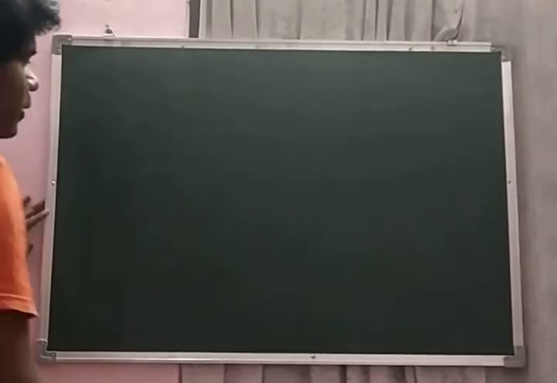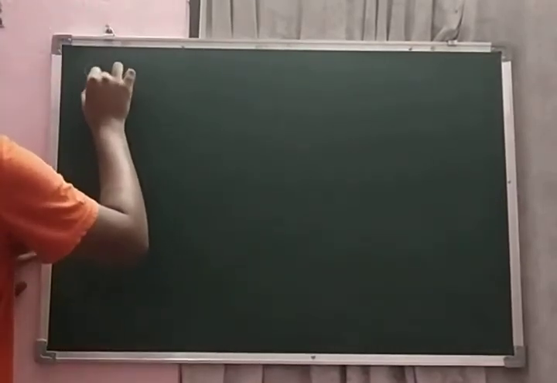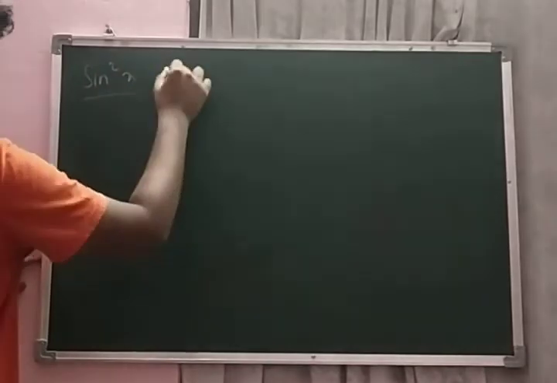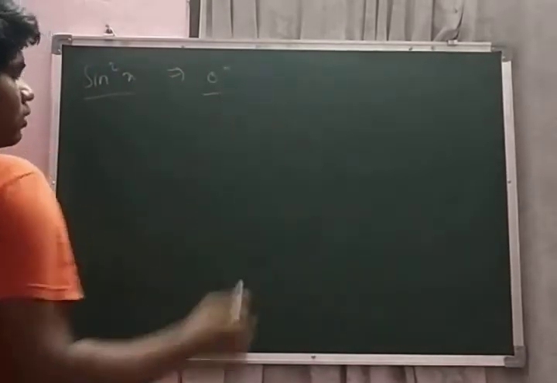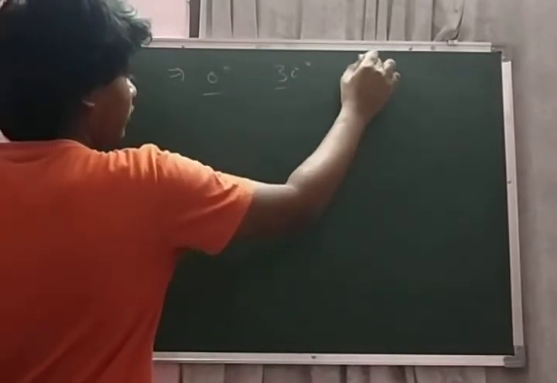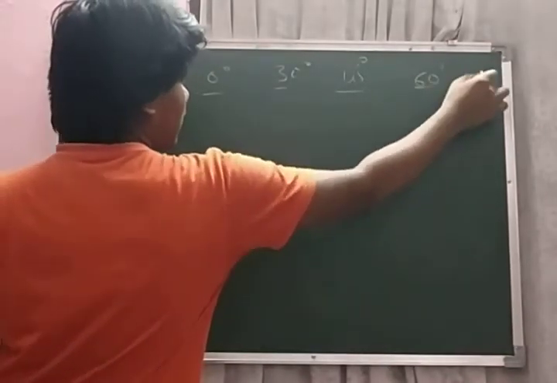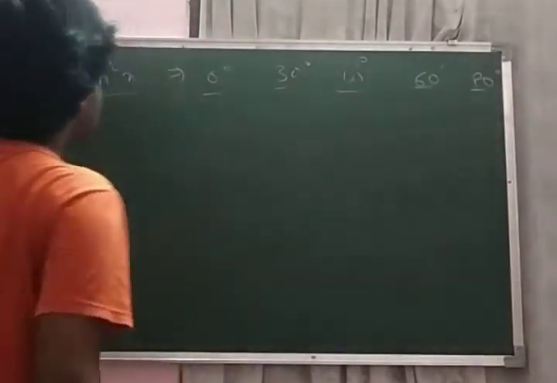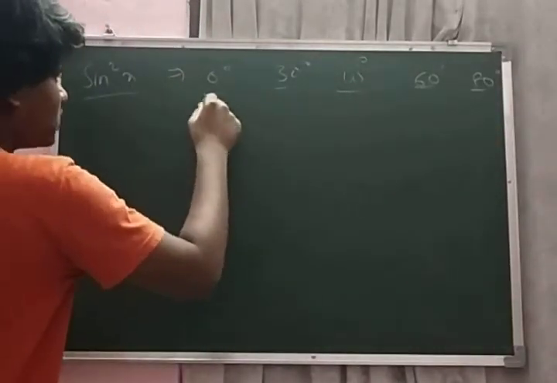So for periodic functions, for sin square x, we are going to draw the graph for 0 degrees, 30 degrees, 45, 60 and 90. Generally sin 0 is 0 and 0 square is 0.